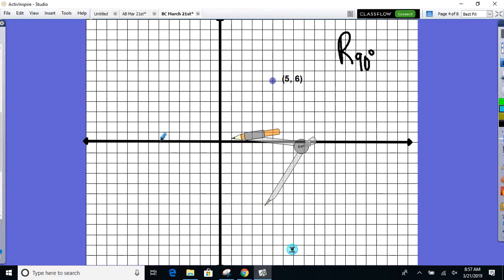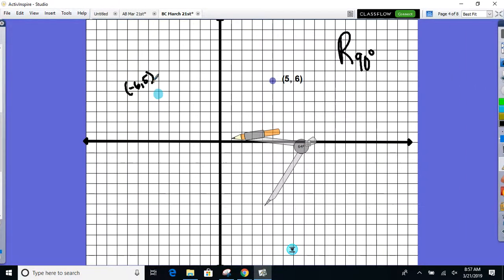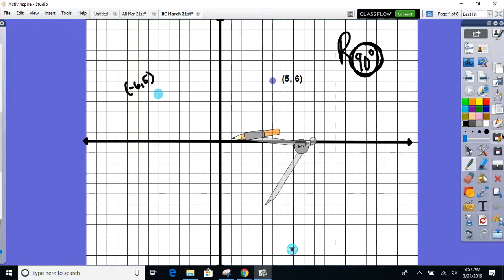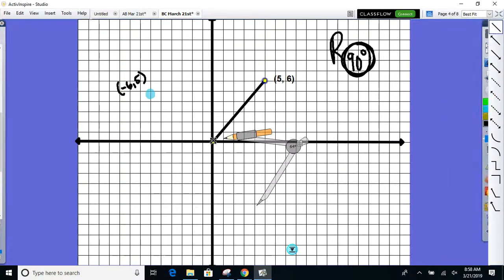Negative 6, 5. Everyone ended up there? All good? Okay, where is this 90 degrees located on your graph? Here's where it is when we rotate it around an origin, a point. Go ahead right now, connect 5, 6 to the origin. And connect your rotated point, negative 6, 5, to the origin.